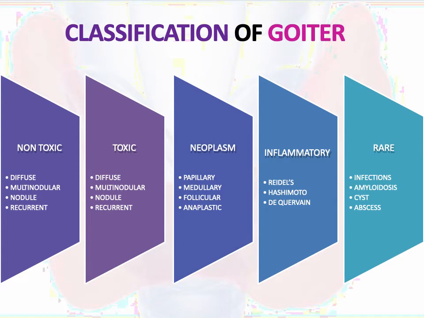Toxic means T3, T4 are raised. Okay, they are hyperfunctioning glands. So there may be a single nodule, there may be multiple nodules in different stages of development. It may be diffuse, plain, or they will be recurrent. All right. So it may be toxic, it may be non-toxic. Maybe neoplasm, like I told you, papillary, follicular, they are the most common, then medullary, then anaplastic, then inflammatory, and then rare conditions: infection, cyst, sepsis.